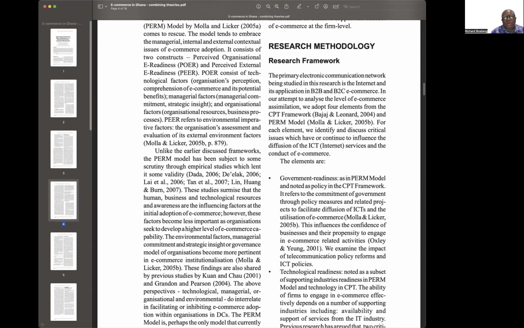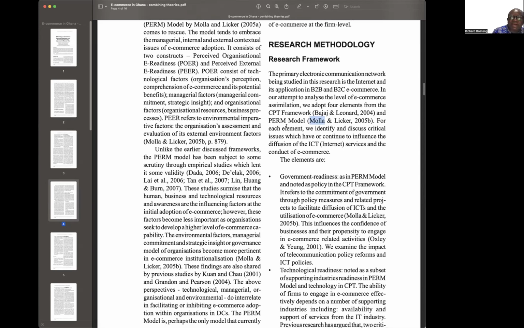So we have culture, policy, and then technology. Then there's another model called the PEM model, the perceived e-readiness model, which was done by Molla and Licker. Molla is actually my PhD supervisor. Based on these two frameworks, I narrowed down on government readiness, as in the PEM model, or policy in the CPT framework.